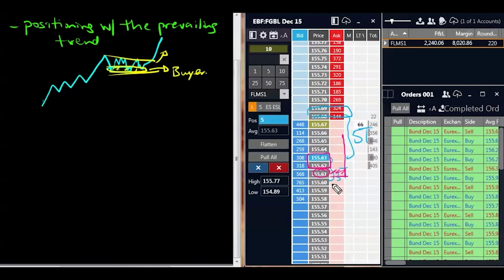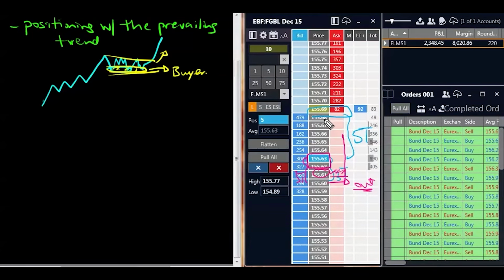So I could potentially have my stop at 60s. Once it trades 60s, I am out. I've got myself 3 ticks of risk. I've just taken 5 ticks of reward on half my size, and I've positioned with the trend now. So potentially I could ride this trend higher, and every time it comes to me, I could scalp it. I've got 5 lots on. I want to keep my 5 lots core position.